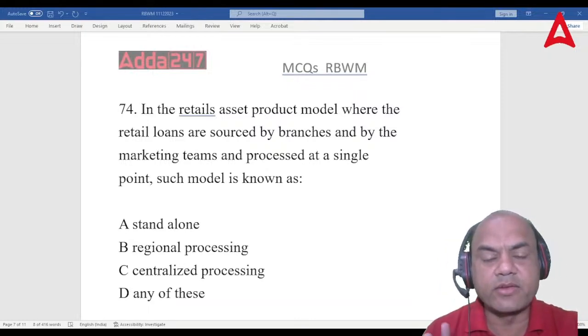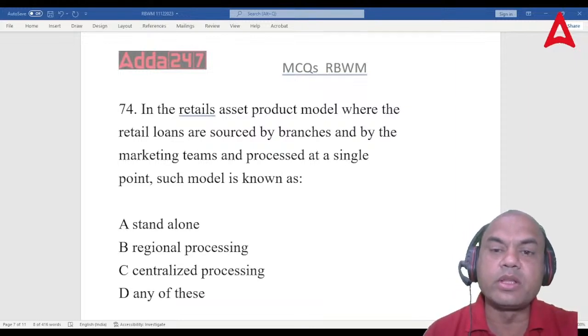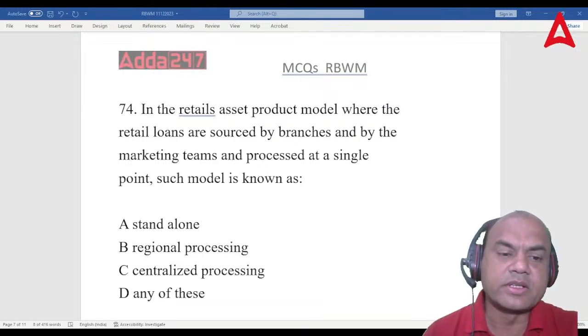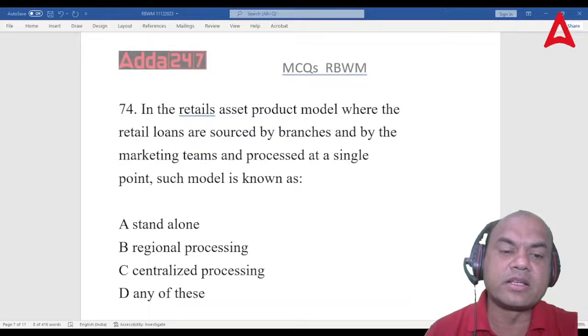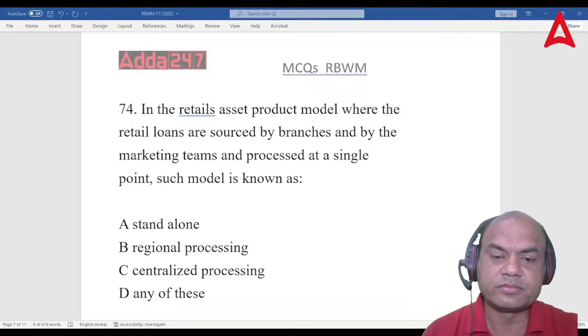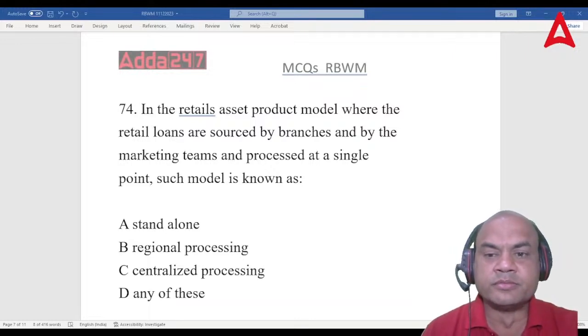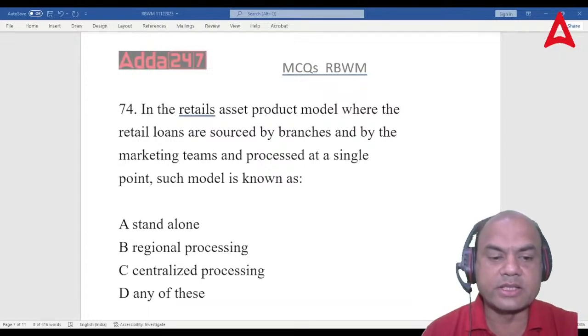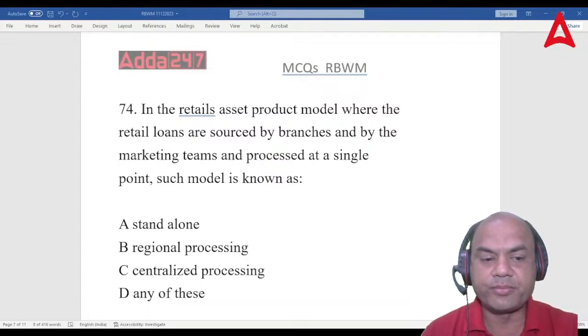All the branches are giving these documents, and they are processed at only one level. One processing center is there. So that is called as standalone, regional, centralized, or any of these. What do you think? Yeah, think over it. I'll just wait for 1 minute.